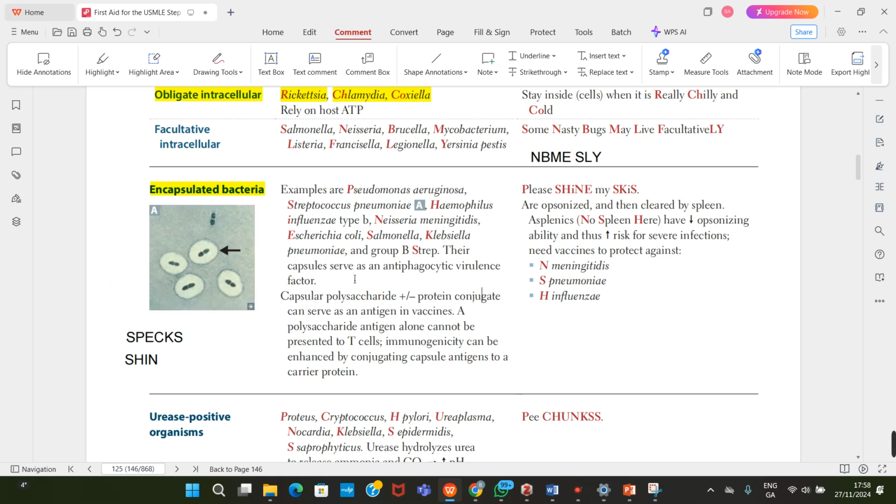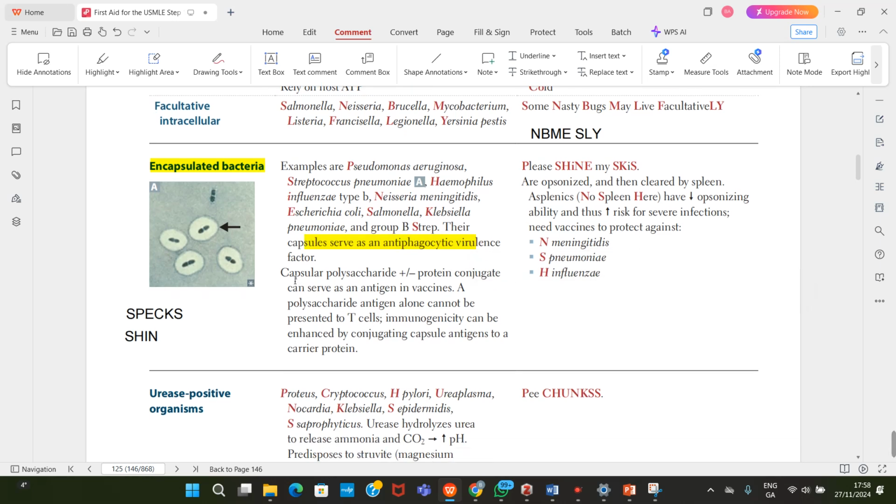So the capsule is an antiphagocytic factor. I've talked about that. And sometimes we can obtain the capsular polysaccharide to produce a vaccine. For example, the PPSV23 vaccine for pneumococcus, for strep pneumo, is a capsular polysaccharide.